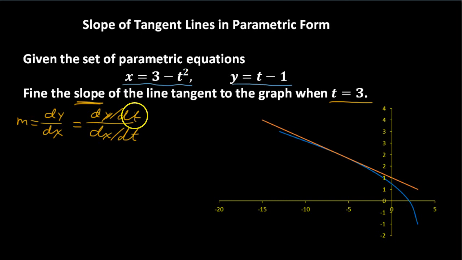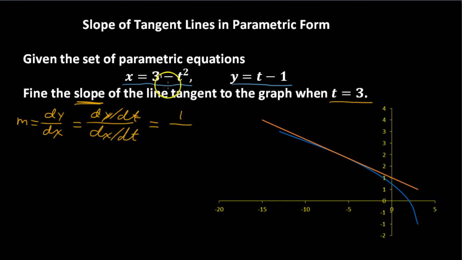Well, the dt's would cancel out if we looked at this algebraically, so that it's right in our heads that this does equal dy/dx, the first derivative, which is the slope of the line. Okay, so the derivative of y with respect to t is just 1.